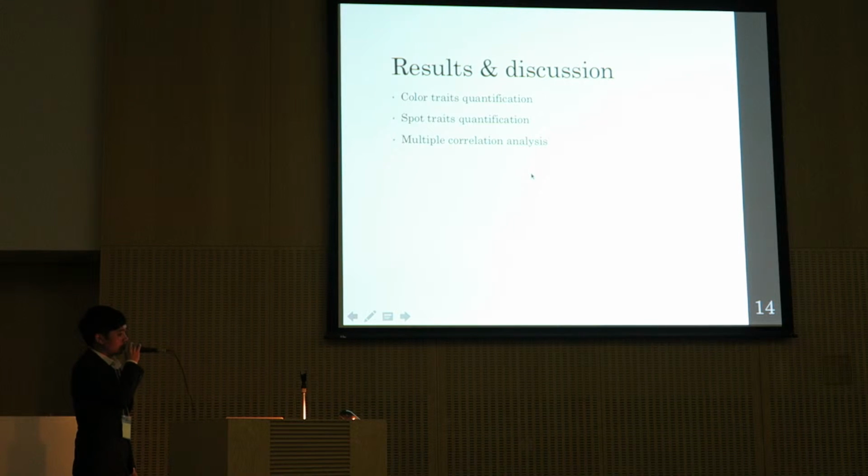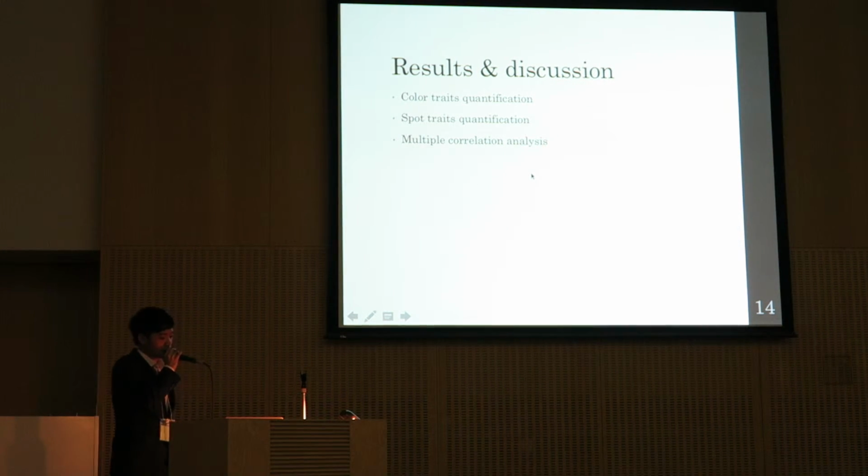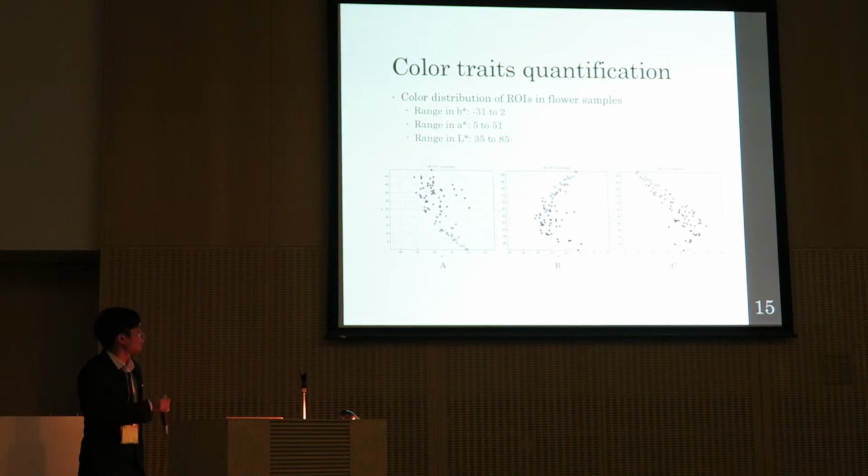So here come the results and discussion. In this section, I will illustrate the results of color trait and spot trait quantification and the multiple correlation analysis. And here the color distribution of all 77 ROIs in flower samples was demonstrated.